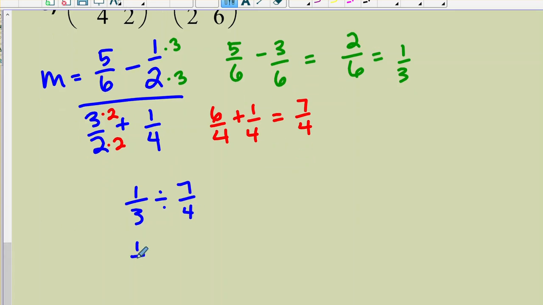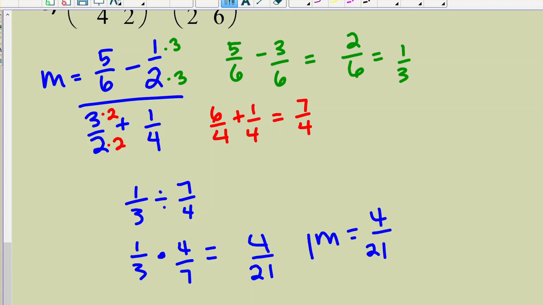I'm going to rewrite that as a multiplication problem. So keep, change, flip. I can't cross cancel anything, so I'm just going to multiply across the top, across the bottom. So I get a slope of 4/21.